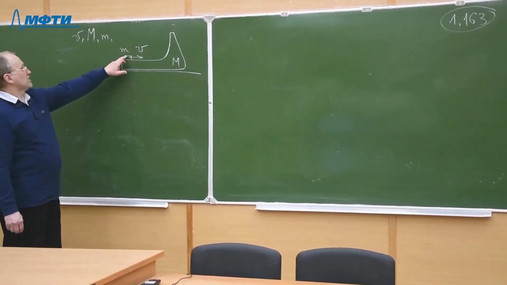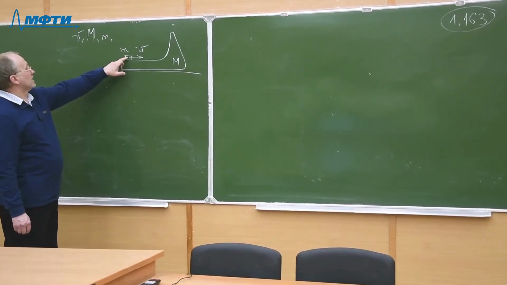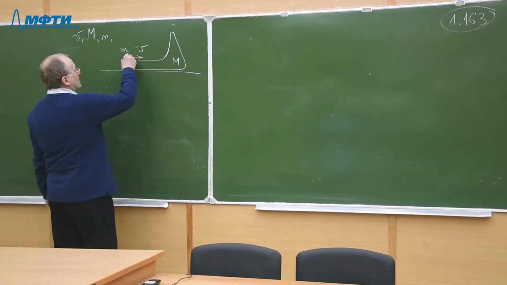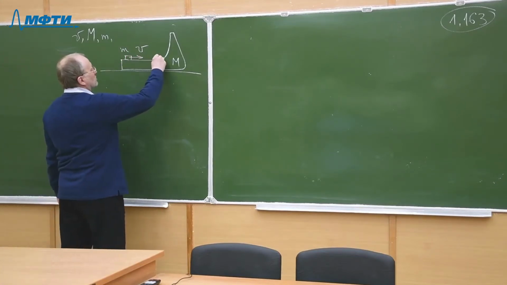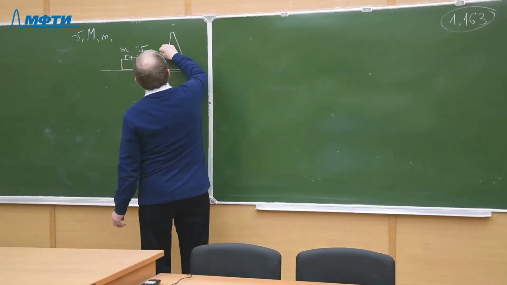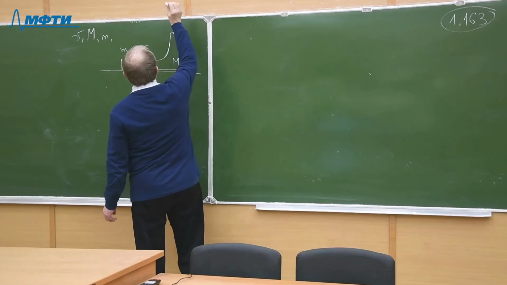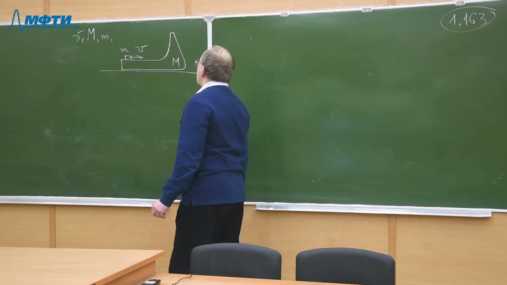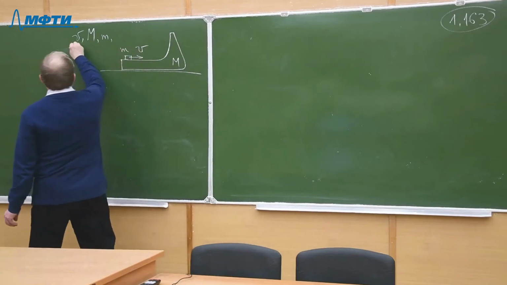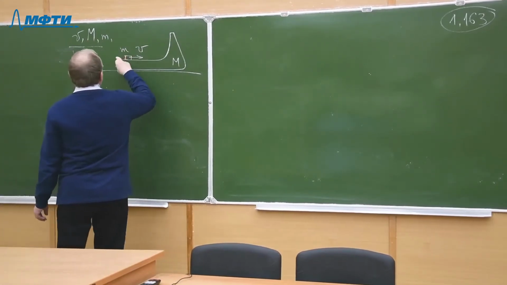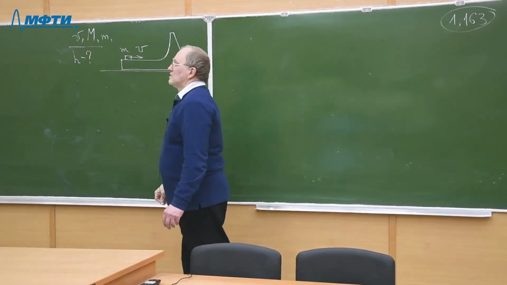So the small disk, the small body, small m, is set to move at velocity v. Obviously, this small disk without friction will go along this curved surface, and it will somehow fly upward. And we need to find the height at which the small body will go up in this situation.